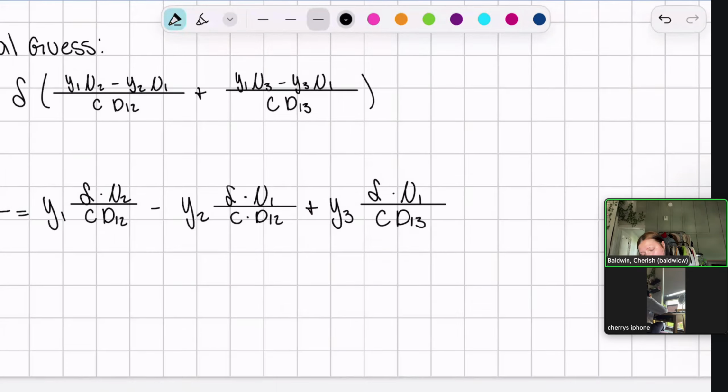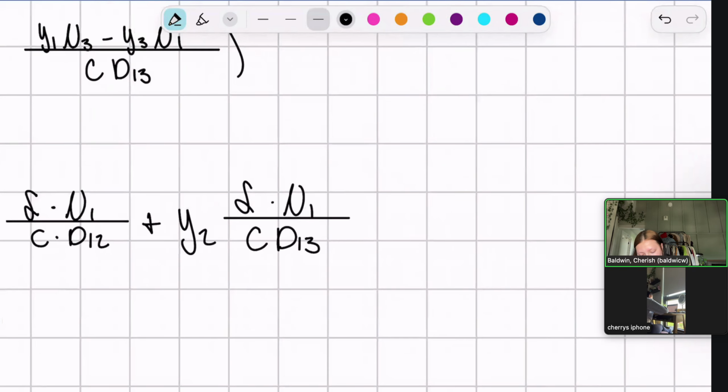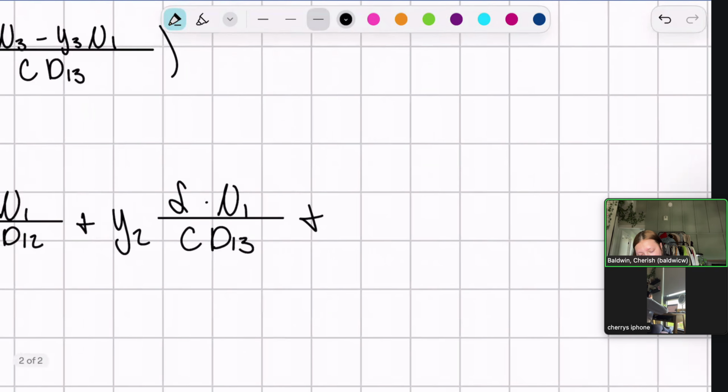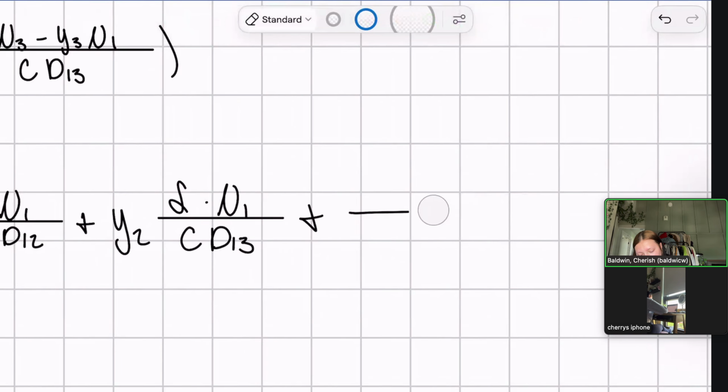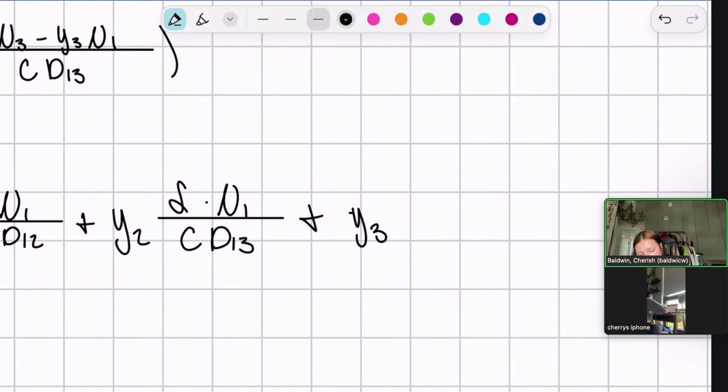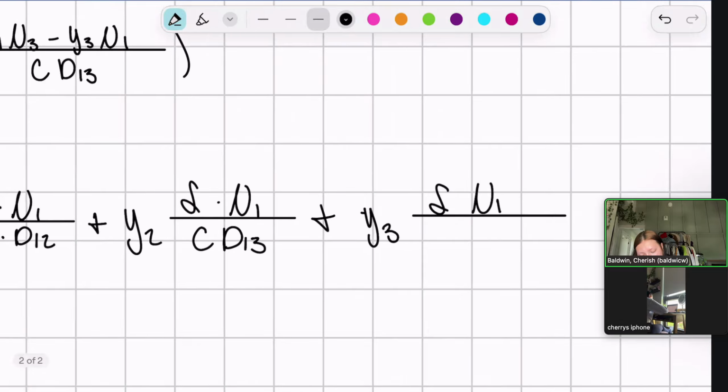This is actually the mole fraction of methanol, and then plus the mole fraction of 3 times the tube length times the molar flux of 1 over the concentration times the diffusion coefficient of 1 to 3.